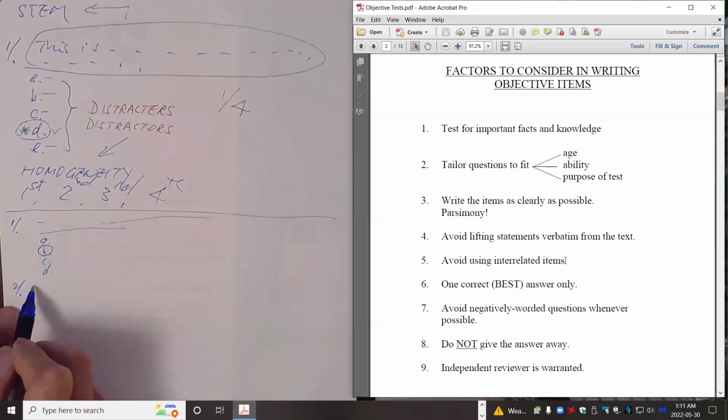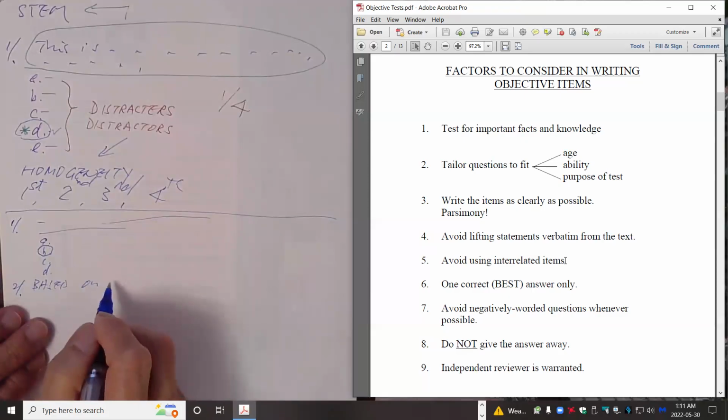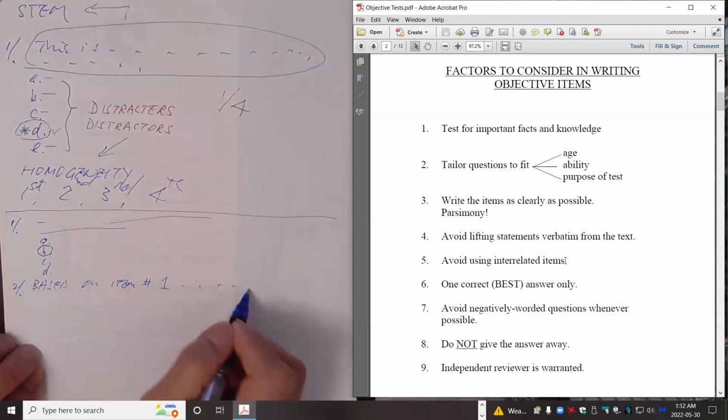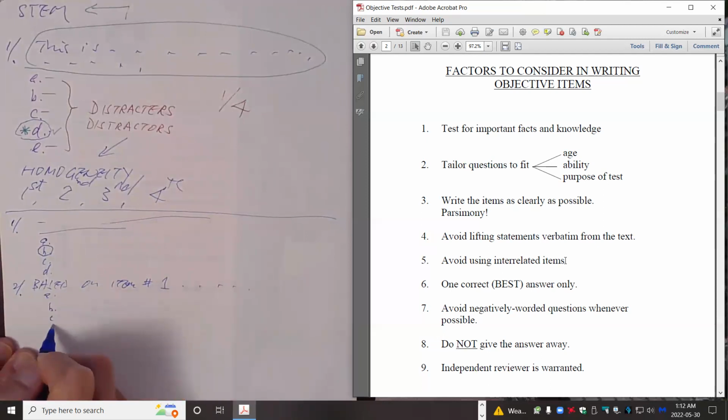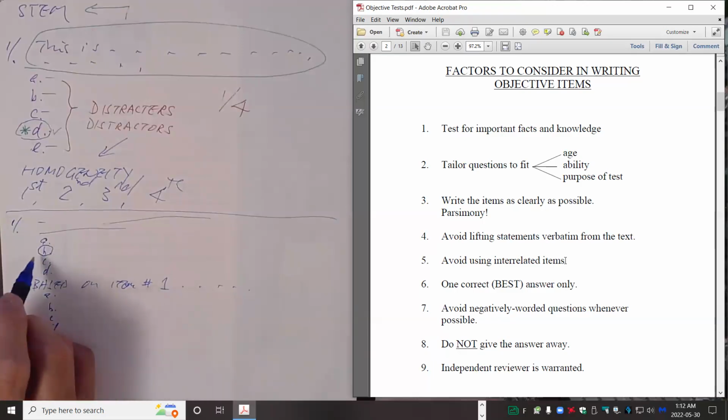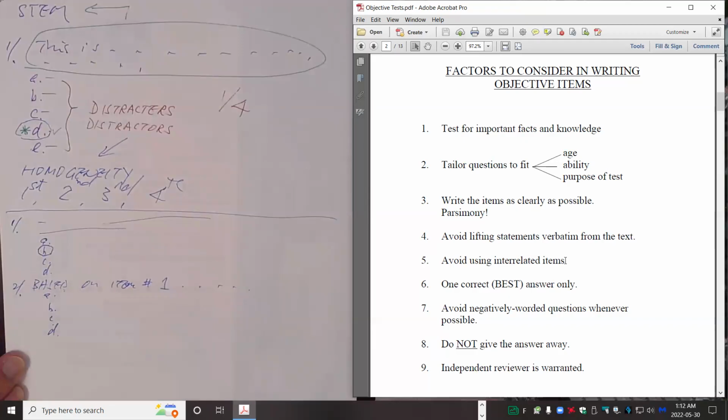Then item 2 is based on item number 1, with A, B, C, D. If the examinee does not choose B, then this one is almost automatically wrong.